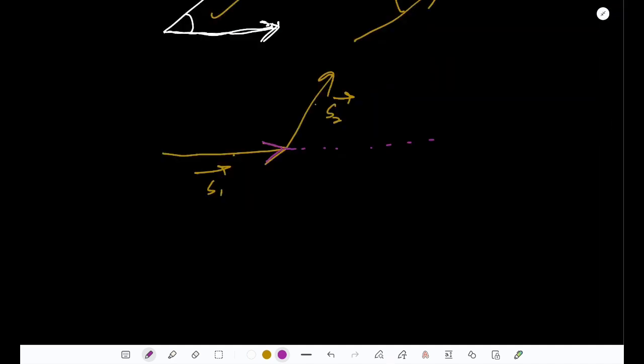So you can easily consider that this light ray was moving in this direction initially, and it changes direction in this manner and converts into this ray.